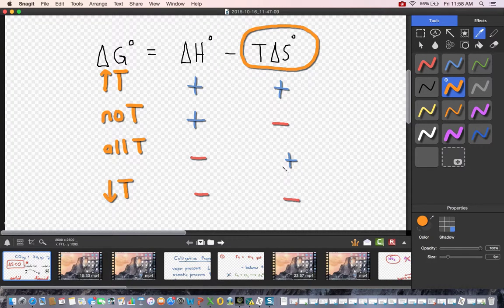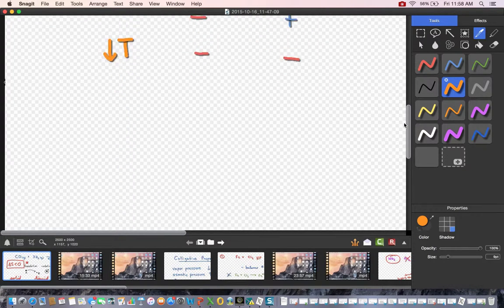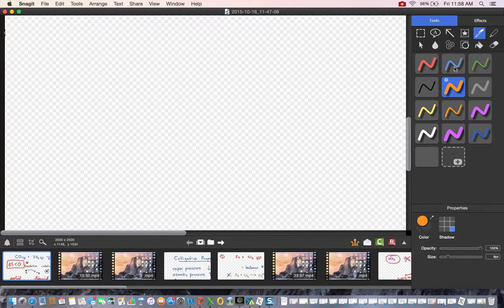Now, I think it's appropriate at this point to talk about driving forces for chemical reactions. There are 2, and they are really important. So this answers the question, why does a chemical reaction occur?